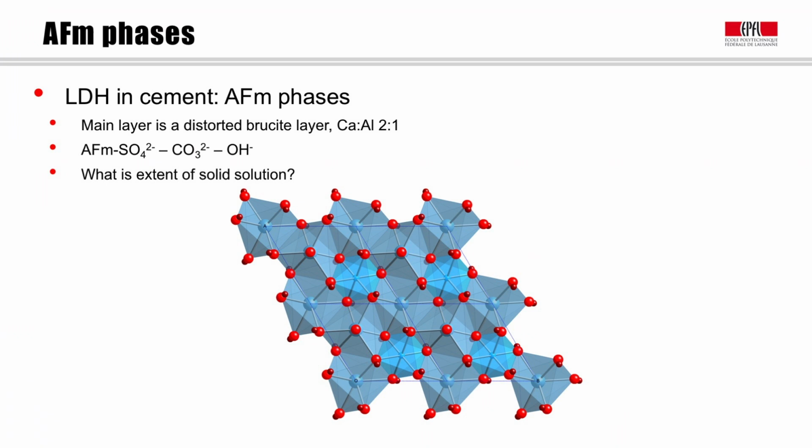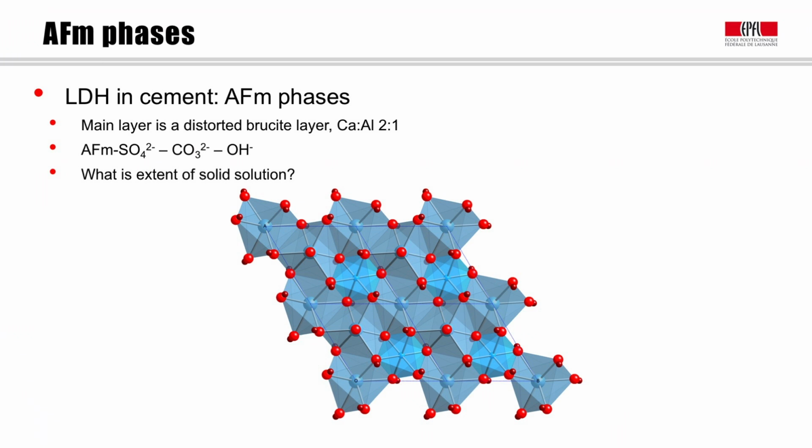But probably more common today is where we have carbonate ions, as in monocarbonate. We can also have hydroxide ions, as in hydrocalumite. We can have chloride ions, as in Friedel's salt, and even complex aluminosilicate ions, as in strätlingite, as we will see.